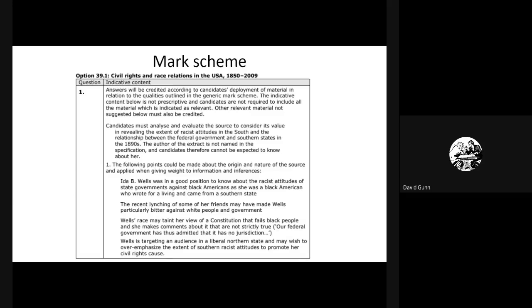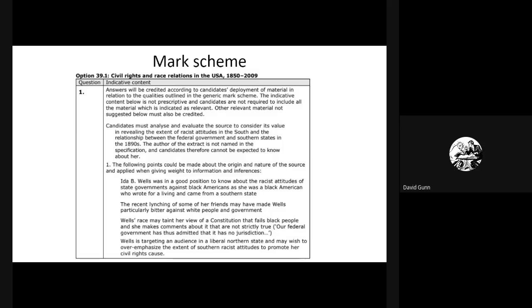So here are some points about the origin and nature of the source. She was in a good position to know because she was Black American from the South. The fact that some of her friends were lynched would make her more bitter against white people in the government. Basically, her background might make her more critical of the Constitution. The audience was in a liberal northern state.